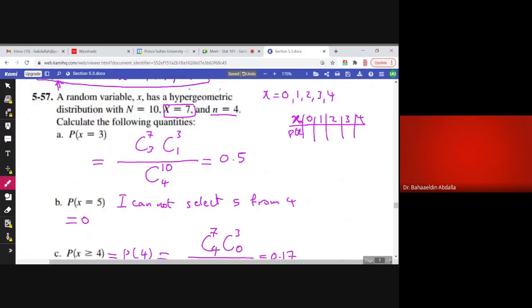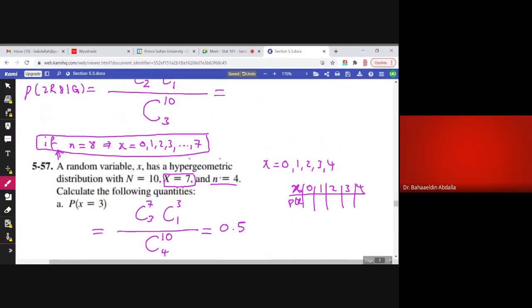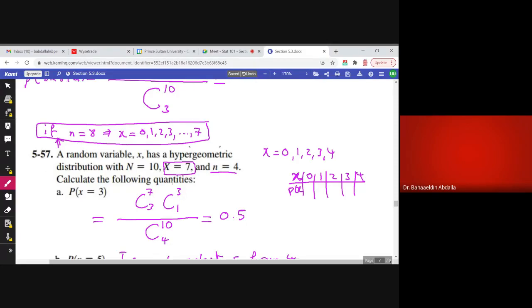So if here small n is 4, then it cannot exceed 4. If n is greater than 7, then it cannot exceed 7. So you have to consider the minimum of small n and capital X.